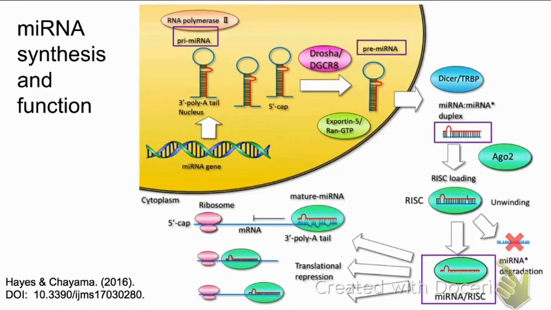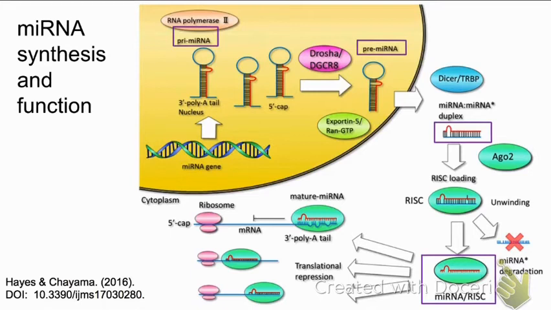RISC can control gene expression in a number of ways. In the case of endogenous microRNAs, what most often occurs is that RISC inhibits the association of translation initiation factors with the 5' cap of an mRNA.